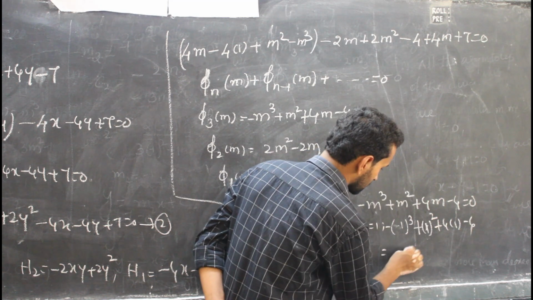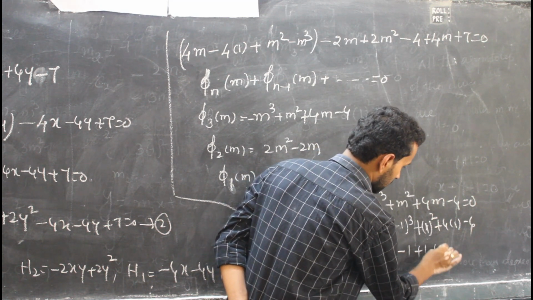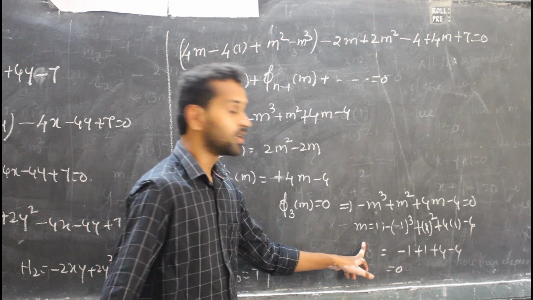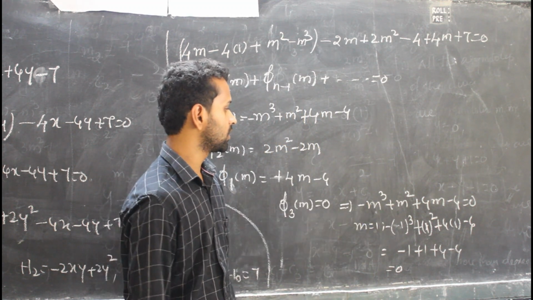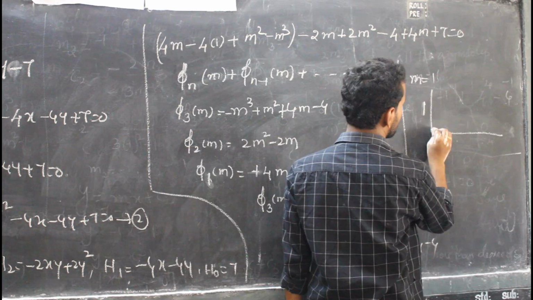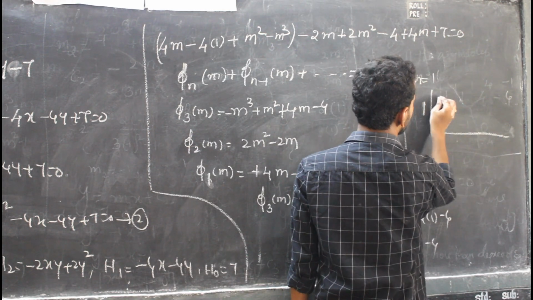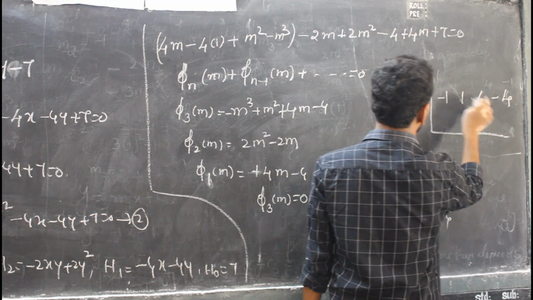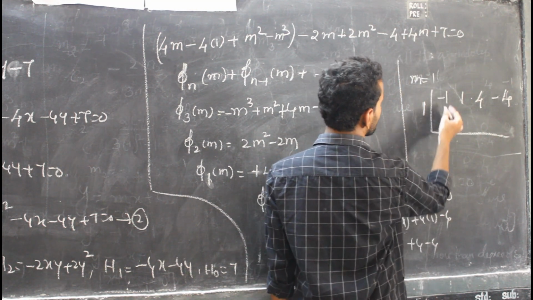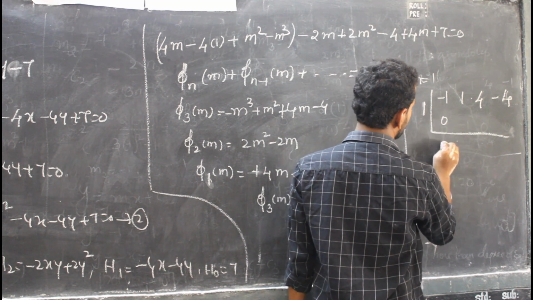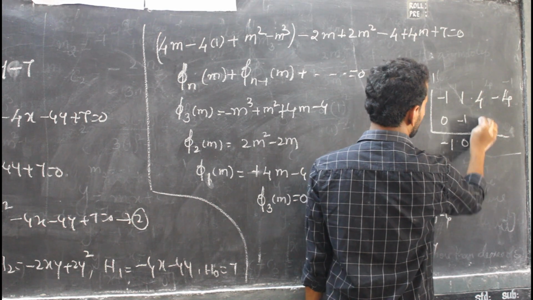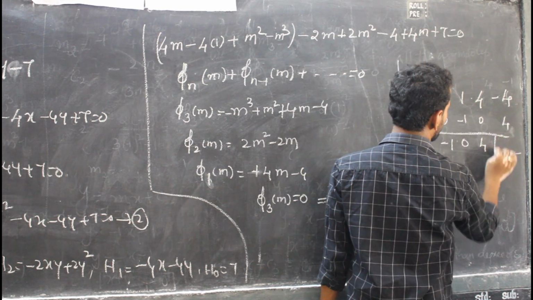This becomes minus 1 plus 1 plus 4 minus 4. This becomes 0. Therefore, m equal to 1 is one of the roots of the given equation. Get that? Since synthetic method, we take minus 1, 1, 4, minus 4 as the coefficients of the given equation and start with 0. We know that minus 1, again minus 1, 0, 0, 4 into 4, that becomes 0.